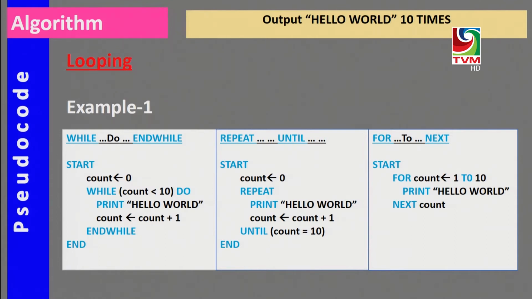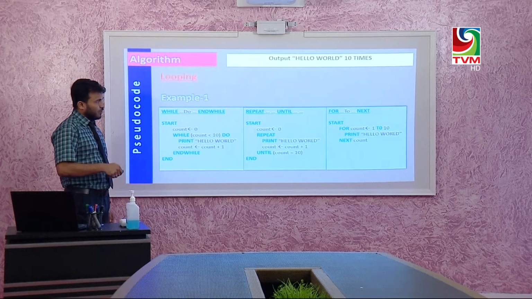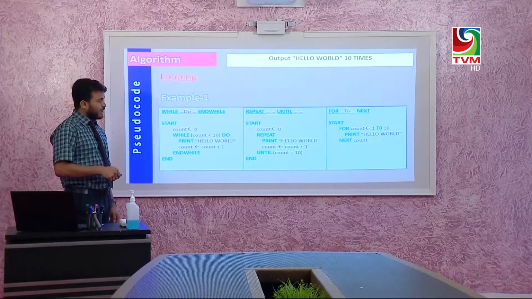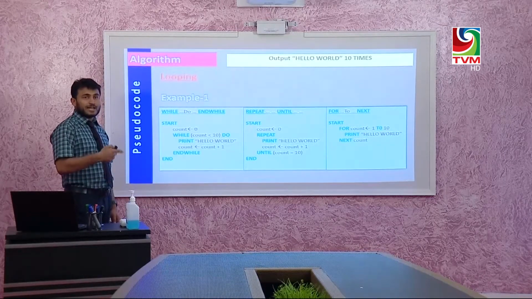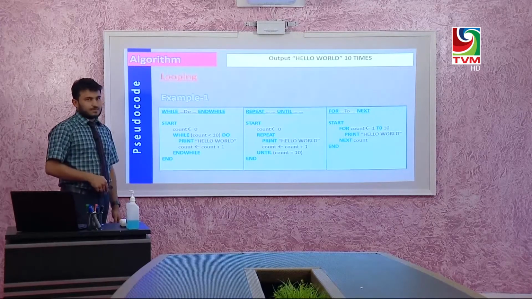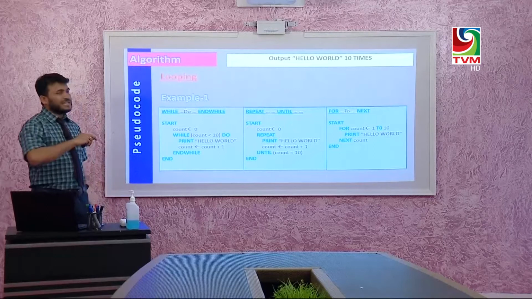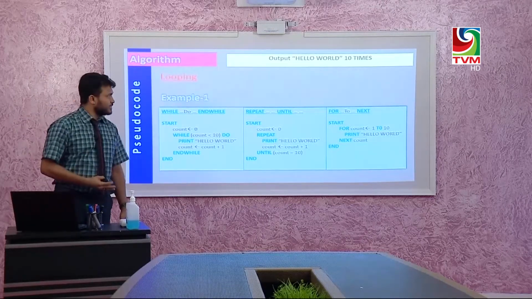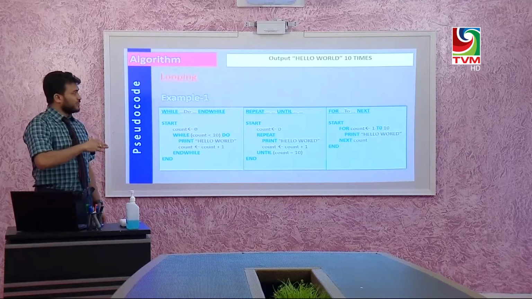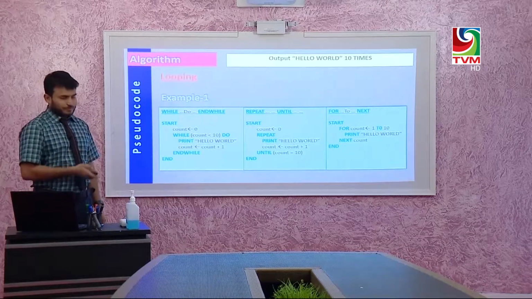Here you can find we are not using count equal to count plus 1 in the for loop. Instead we are using next counter, meaning the value of count is incremented by 1, and end. So these are the basic three loop statements. I hope you understood. We have just printed the hello world string 10 times.